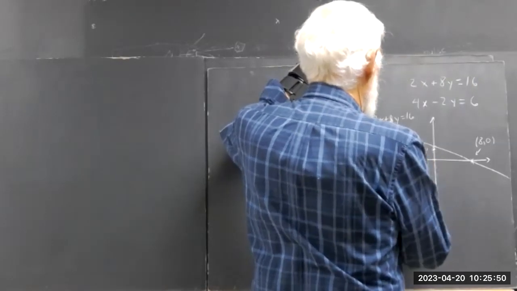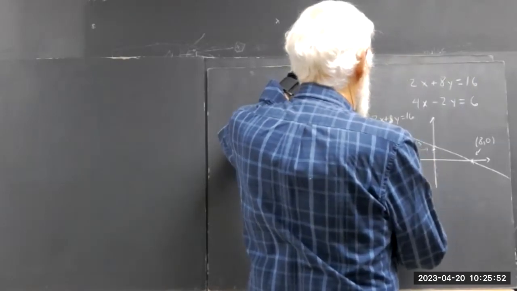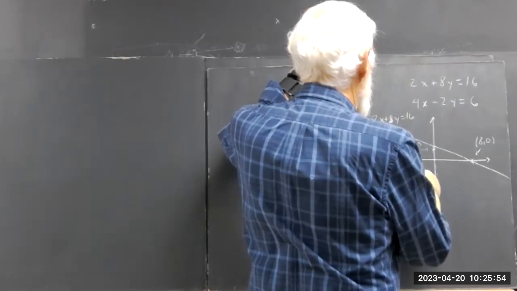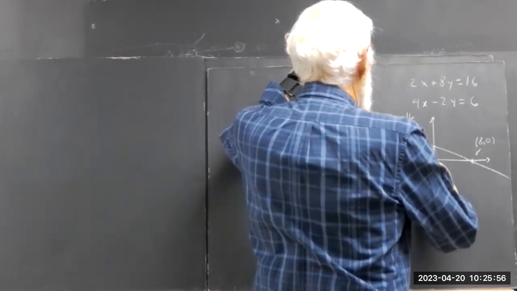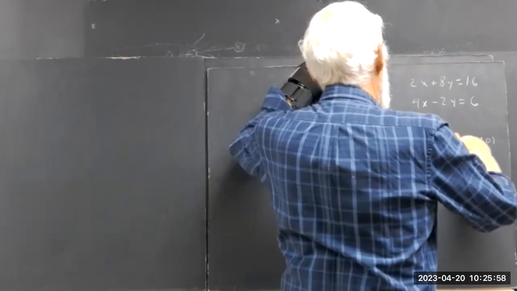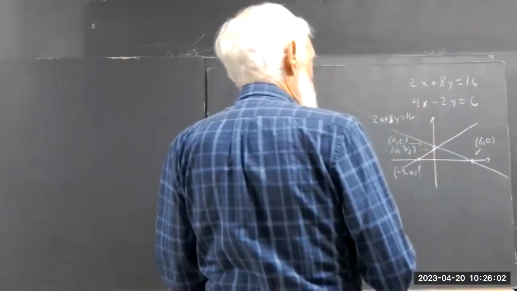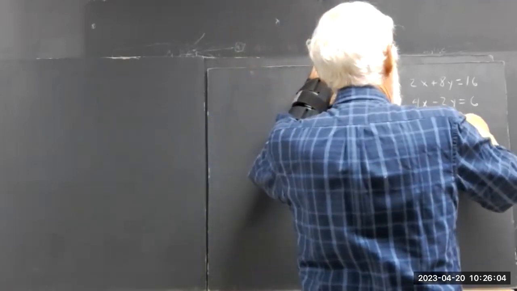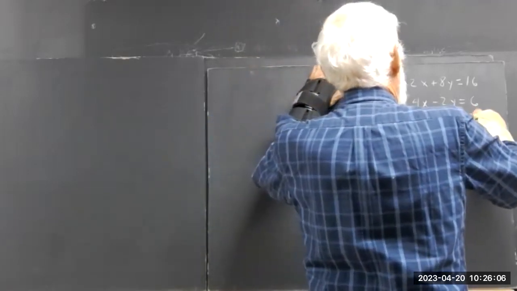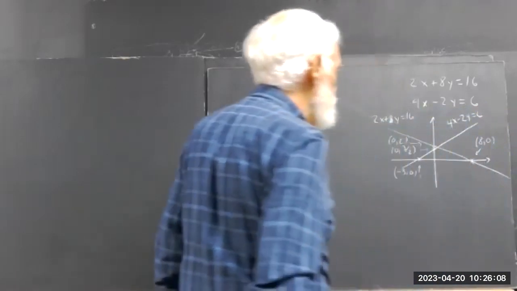So that might be about here. And now my graph for this function looks like this. I label it 4x minus 2y equals 6.